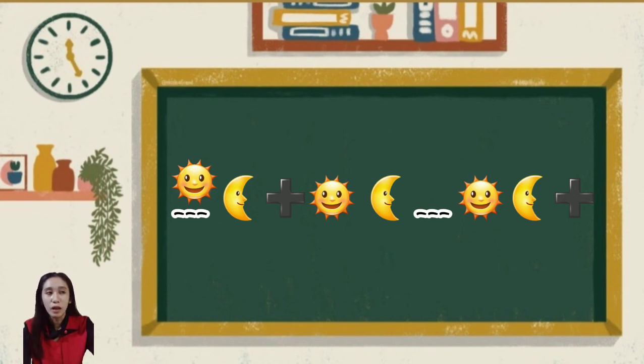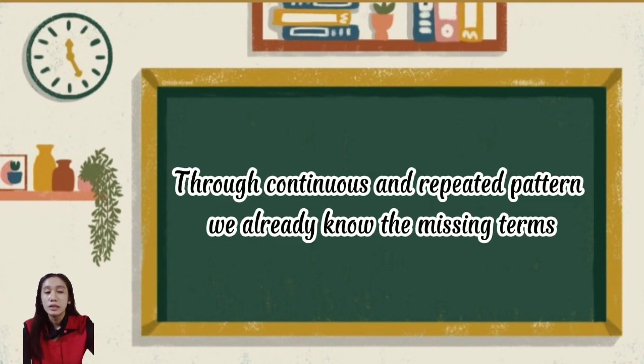Let's just follow the given continuous and repeated pattern. Therefore, the missing term after the crescent is, yes, very good, the plus sign. And now, through the continuous and repeated pattern of sun, crescent, and plus sign, we already know the missing terms.